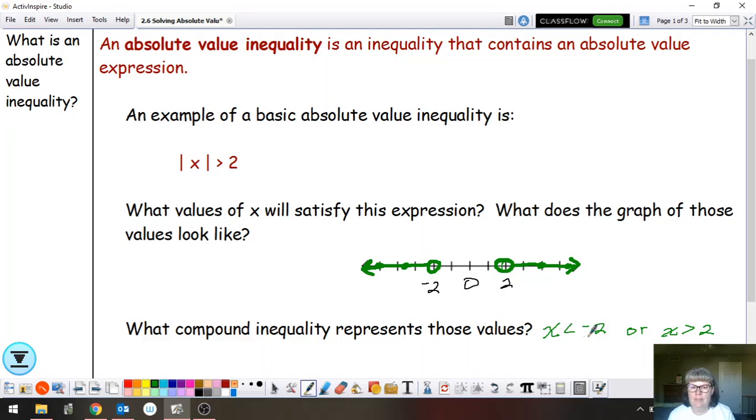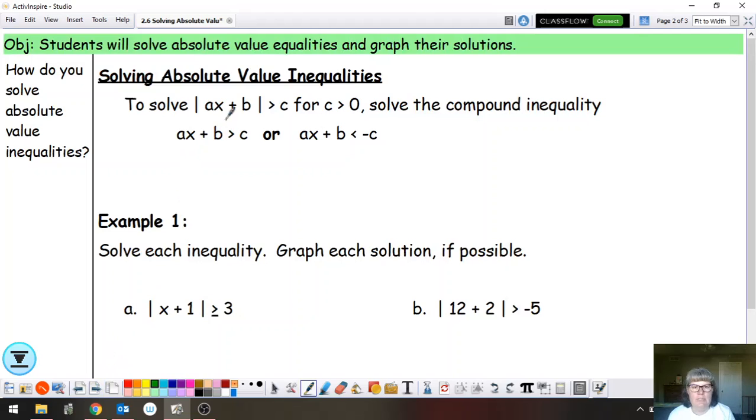One will be less than the negative value, and one will be greater than the positive value. And that's what we're seeing with this expression up here. So we've got ax plus b is going to be greater than positive c, or ax plus b is going to be less than negative c, as long as c is greater than 0.